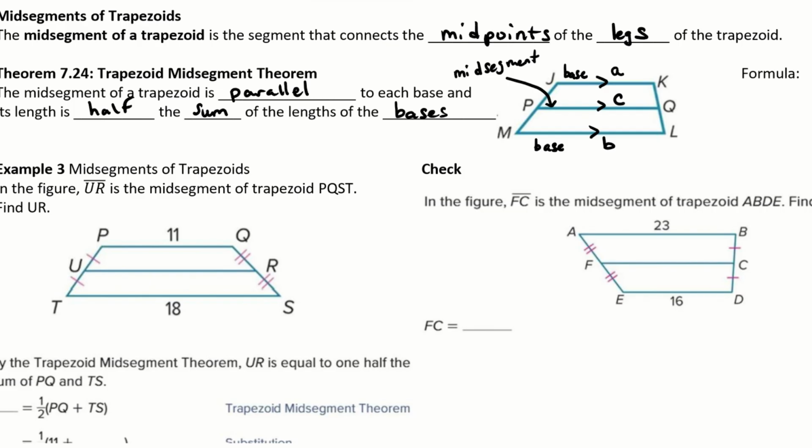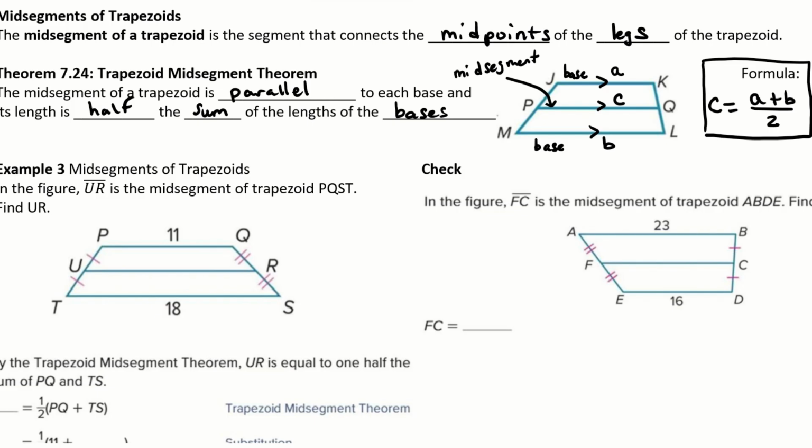So the formula, if you will, is C equals A plus B over 2. That's just the formula that I use. This is not a formal formula, just a little way to remember: if I want to get the middle, just add the bases and divide by 2.